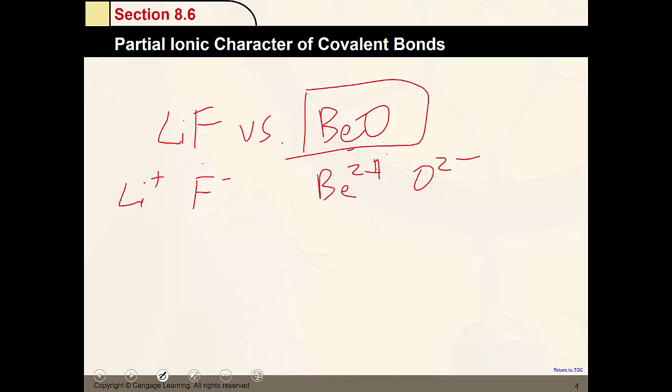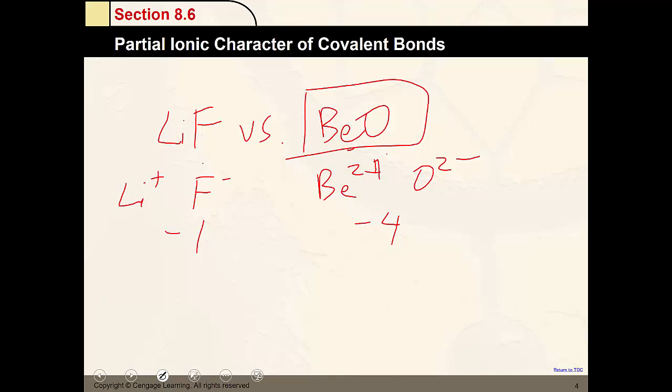And especially since it's plus 2 and minus 2, if we look at that ratio, Q1 times Q2, plus 1 times negative 1 will be negative 1, whereas this will be negative 4. So that means the lattice energy for BeO will be 4 times as high as LiF.